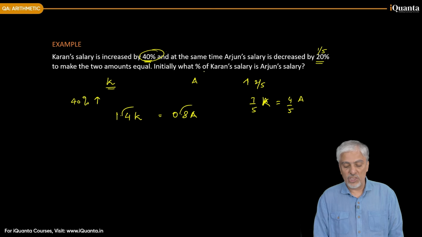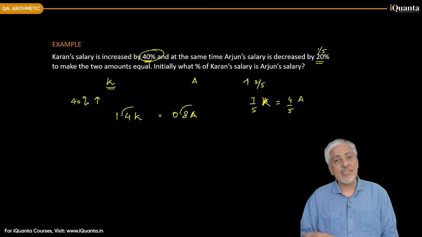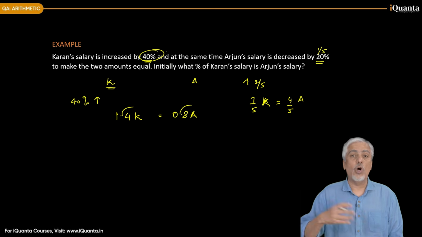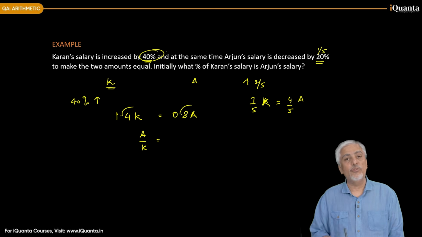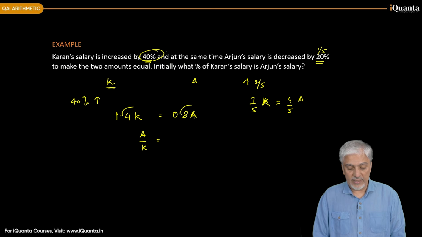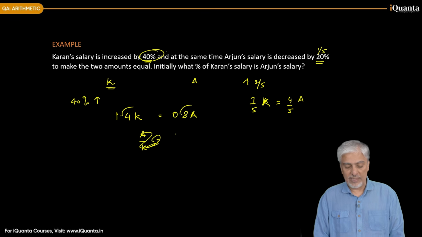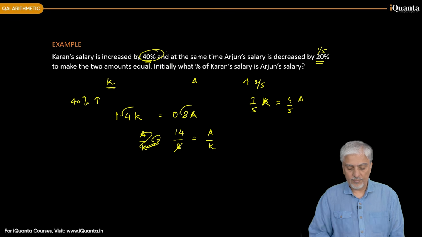What do we want to find? Initially, what percent of Karan is Arjun? We want to keep Karan as the base, so Arjun upon Karan is what I want to find. It will not be 14 upon 8, it will be 8 upon 14. Pay attention very carefully, because we want to keep K in the base, so 14 will come here, 8 will come here, and this will be A upon K. So what will we get? 2 4s are, 2 7s are.